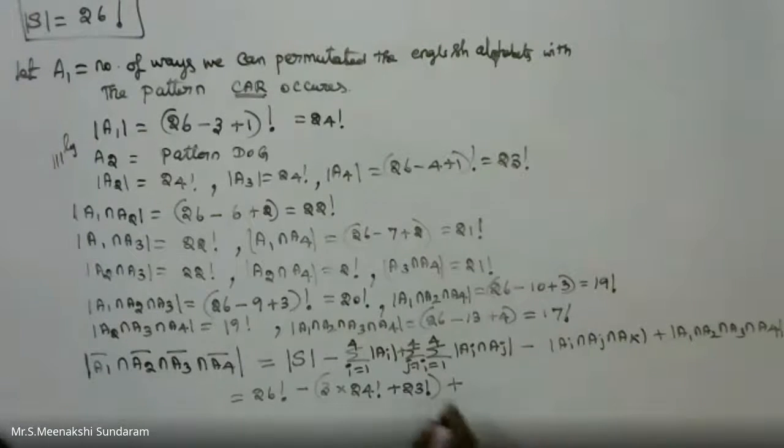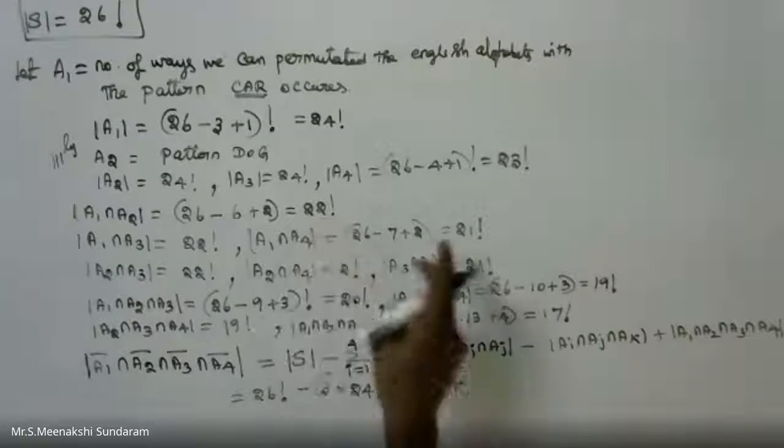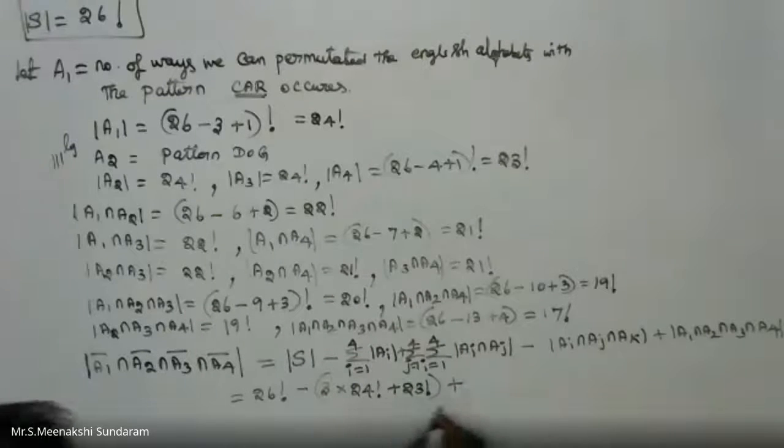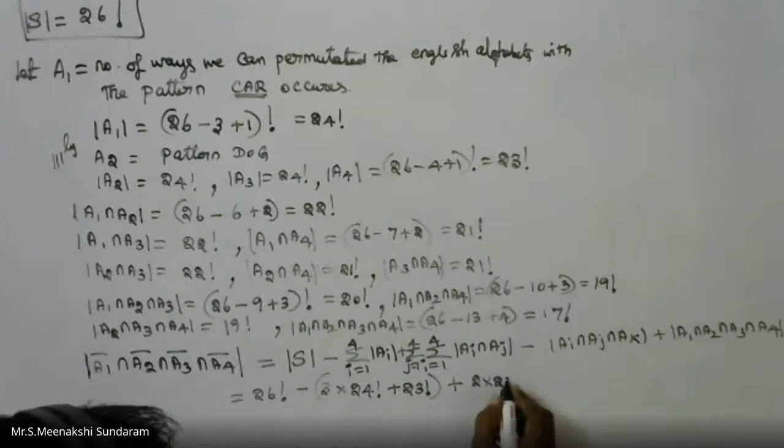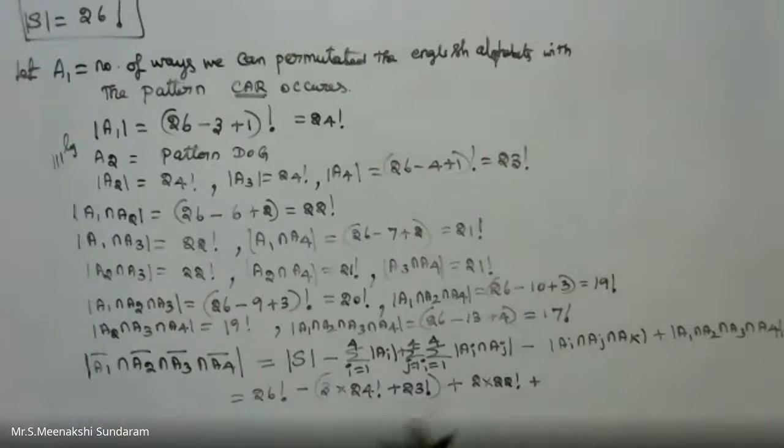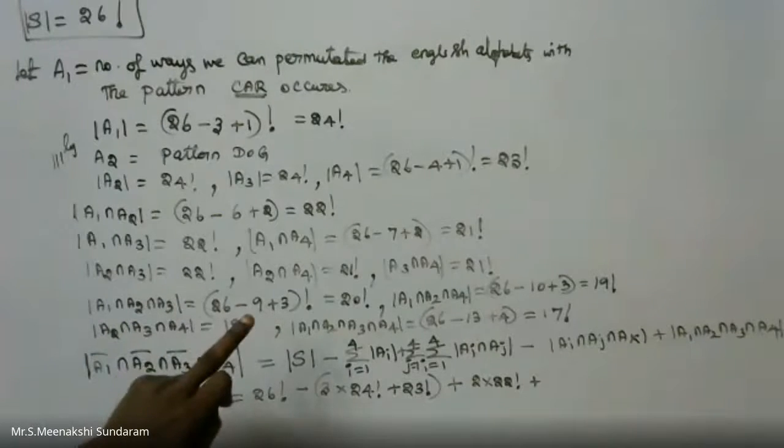The next step is plus the double-summation value: 2 times 22 factorial, and plus again 2 times 21 factorial.